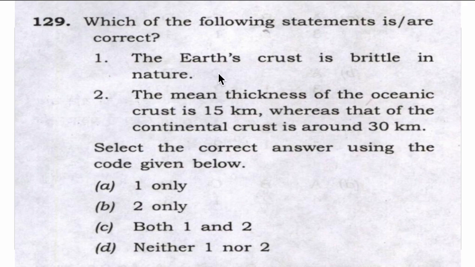Here the first statement is correct, but the oceanic crust thickness is not 15, it is only 5 kilometers. So the second statement is wrong, but the continental crust thickness of 30 kilometers is correct. Ocean crust is 5 kilometers only, not 15. So only the first statement is correct, so option A is the correct answer.